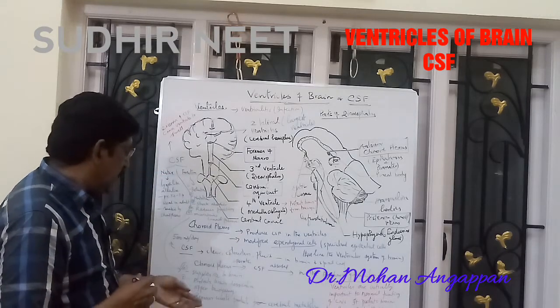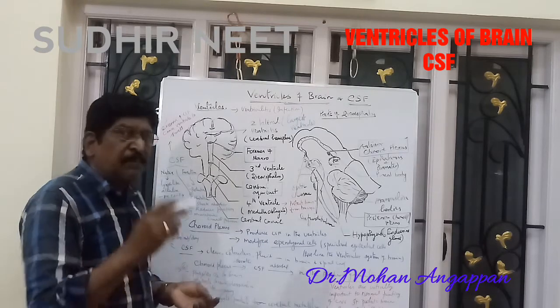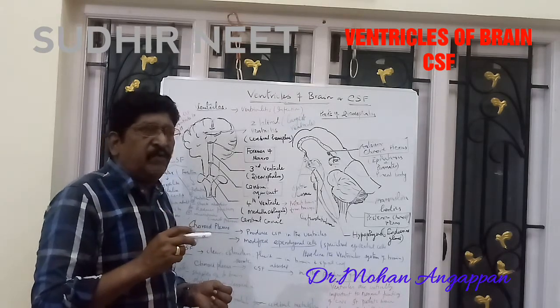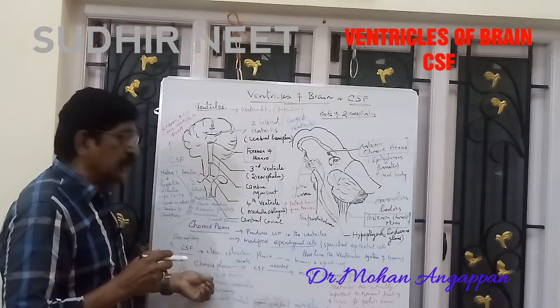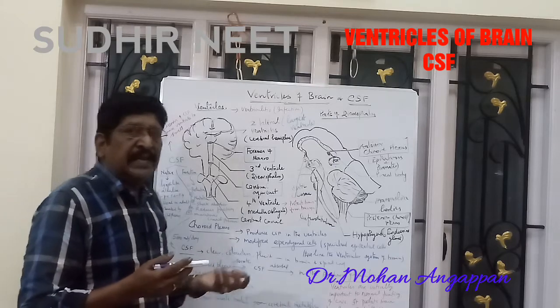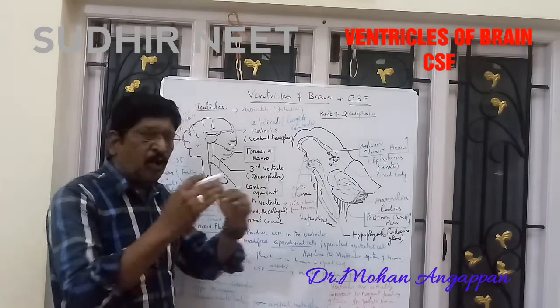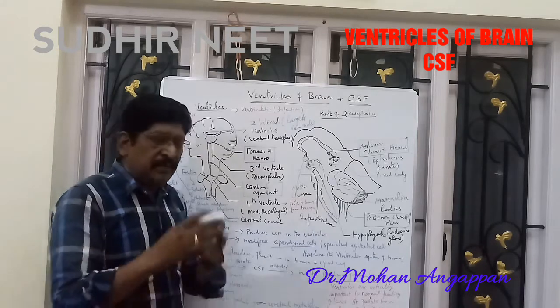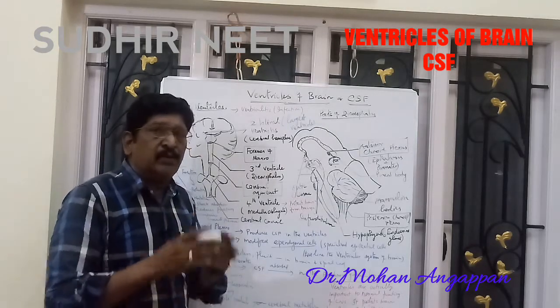And then it also supplies oxygen to the brain. Cerebrospinal fluid supplies oxygen to the brain, very important. Without oxygen, brain cells will die. And then it protects the brain from desiccation. It doesn't allow it to dry.